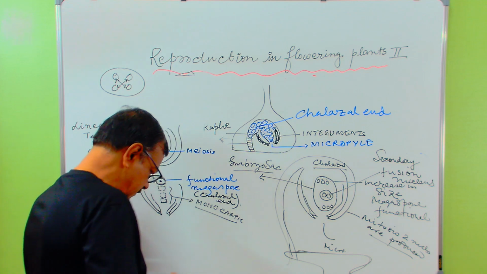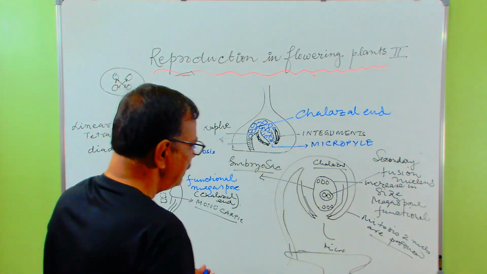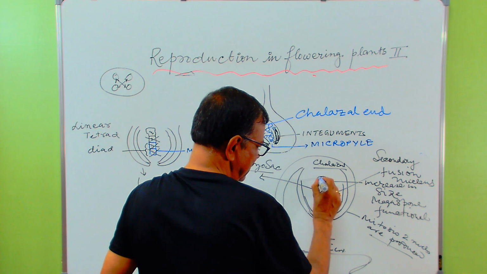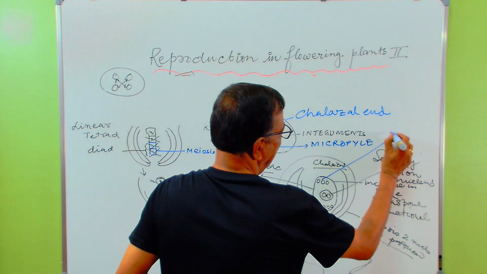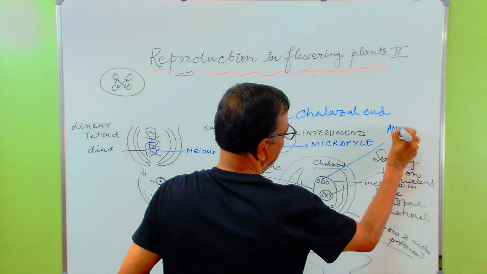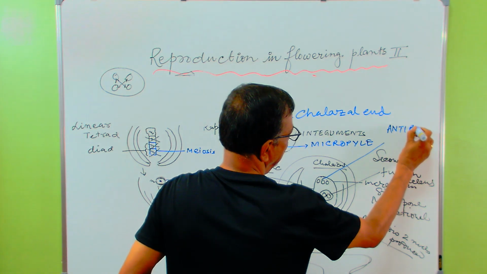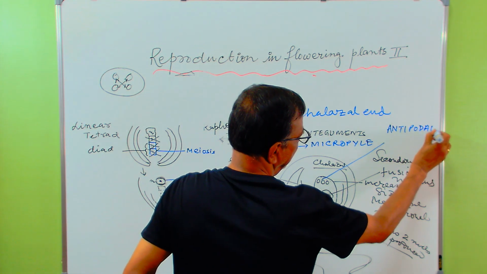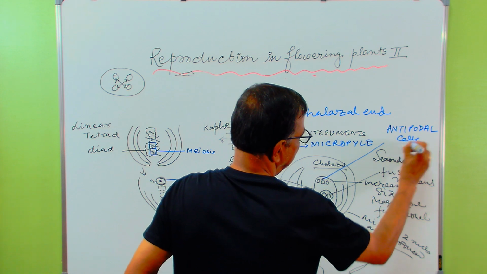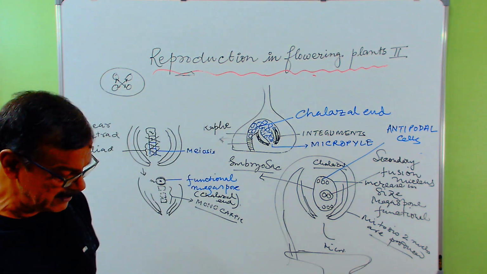These are called, it is known to you, these 3 are called antipodal cells.